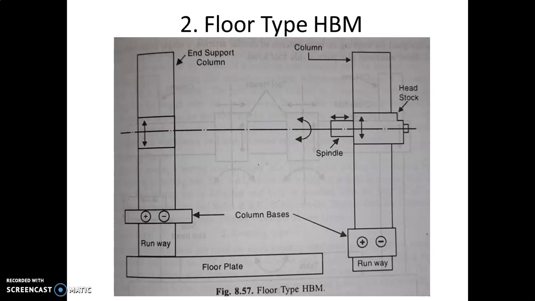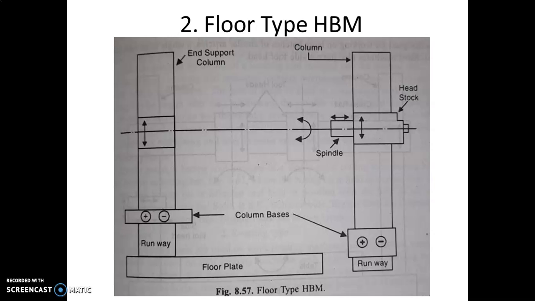Then the second is the floor type boring machine. Here there is no table and the job is mounted on a stationary T-slotted floor plate. This design is used when a very large and heavy job cannot be mounted and adjusted on the work table.